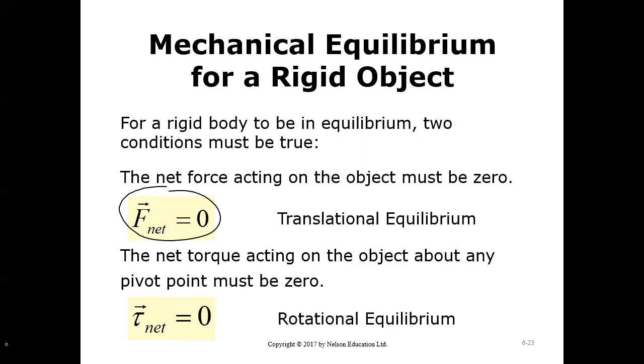Suppose you keep something on a horizontal table and you apply a force 10 Newton like that and another 10 Newton like that, the net force is 0. But is it in equilibrium? No, because the forces are not concurrent. So there will be a rotating effect. There will be a net torque.